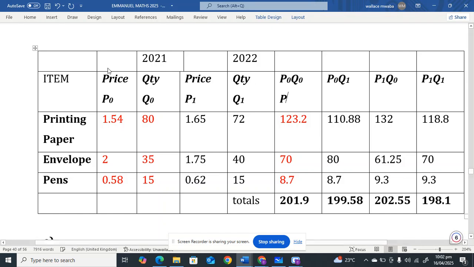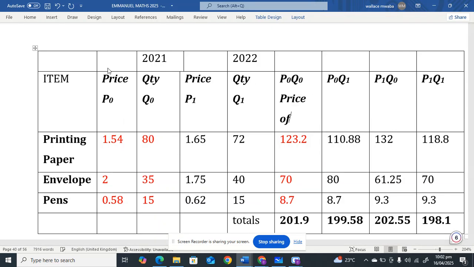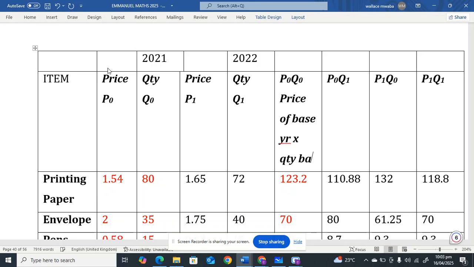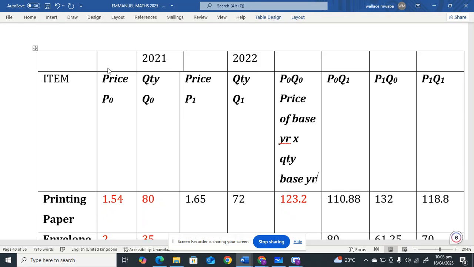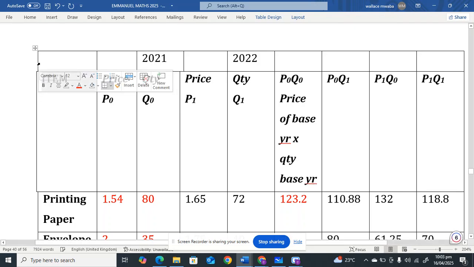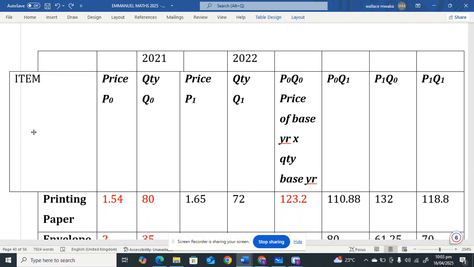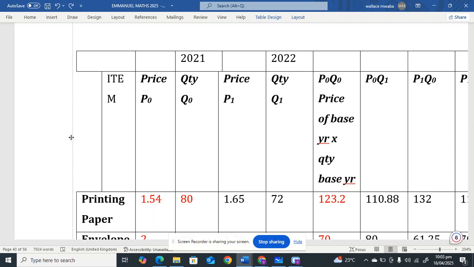So in the first column, we're multiplying price of base year times quantity of base year. Okay, so in the next column, we're going to now multiply the price of the base year by the quantity of the other year. As you can see, P0 times Q1. The price of the base year multiplied by the quantity of the other year.